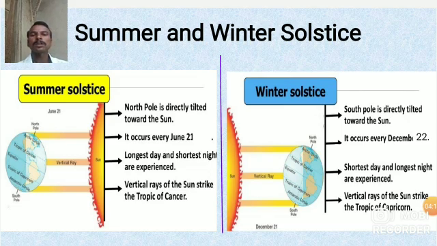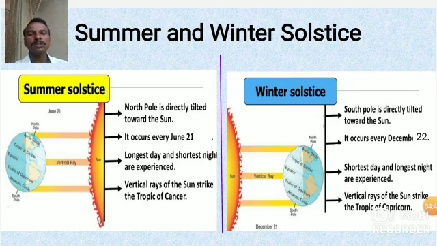Then in summer solstice, the longest day and shortest night are experienced. Here, the shortest day and the longest night are experienced. The vertical rays of the sun strike the Tropic of Cancer. In the winter solstice, the vertical rays of the sun strike the Tropic of Capricorn.